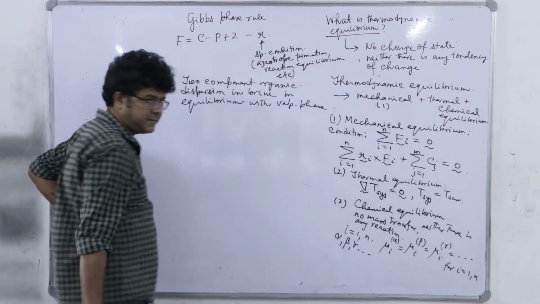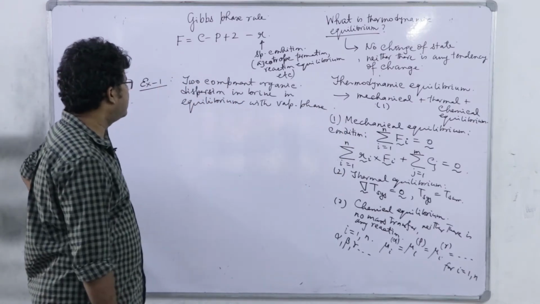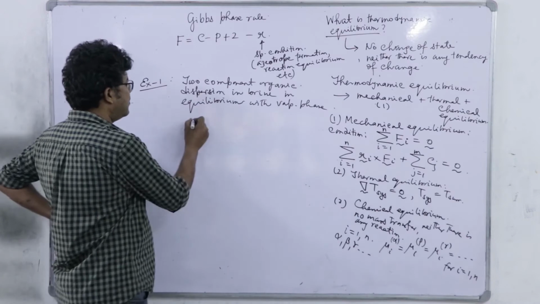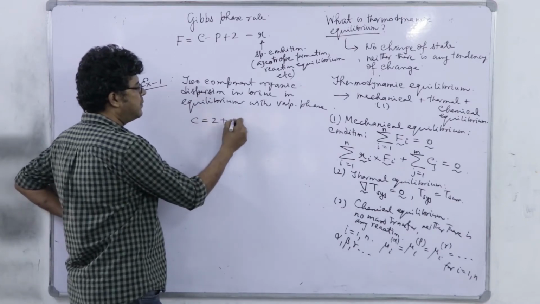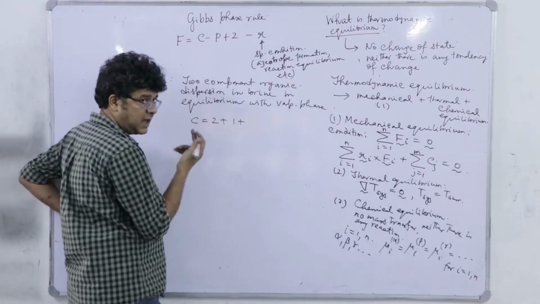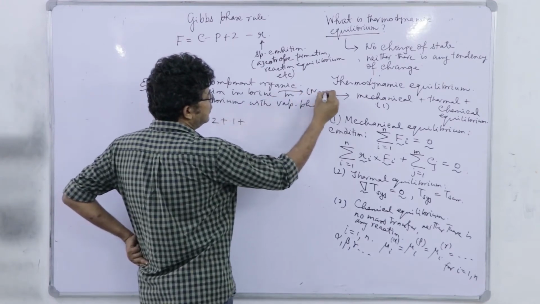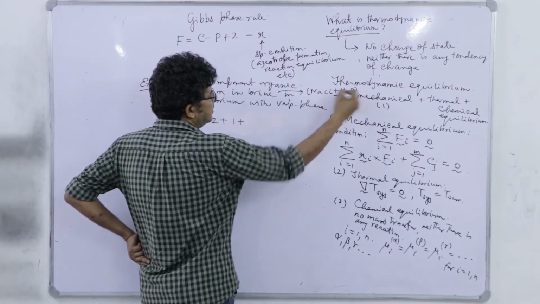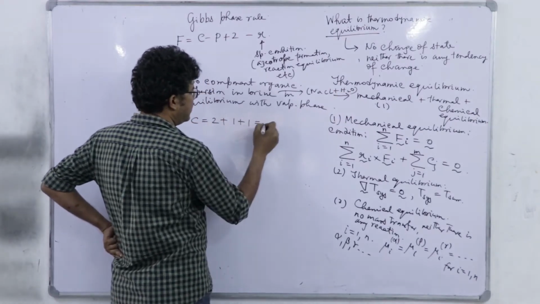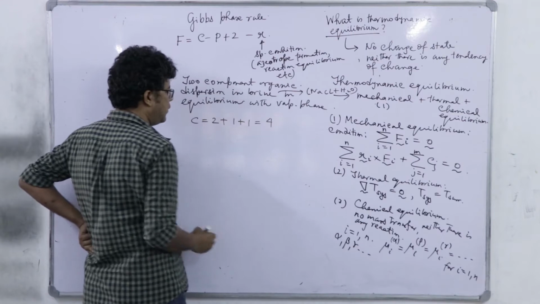What is the degrees of freedom? The number of components is two organic components plus sodium chloride and water, since brine is basically sodium chloride and water, so the number of components is 4.